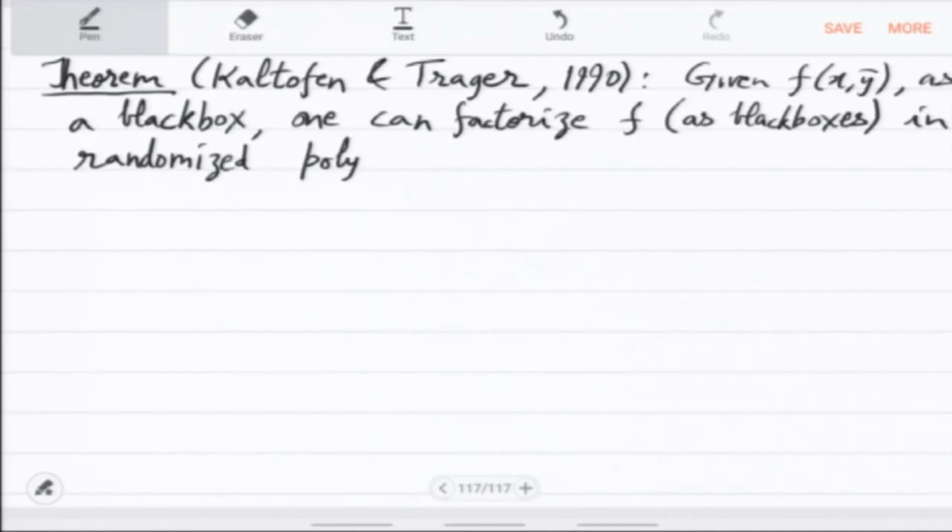Polynomial in what? Polynomial in the number of variables and the degree. Assuming that you have solved univariate factoring.